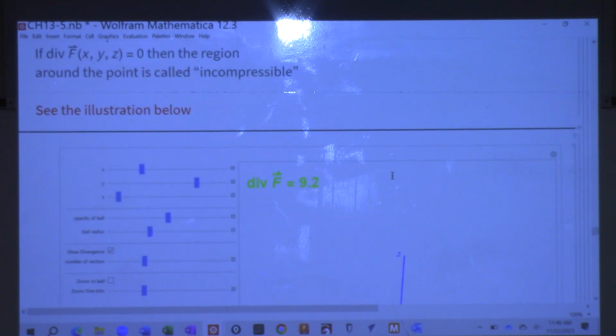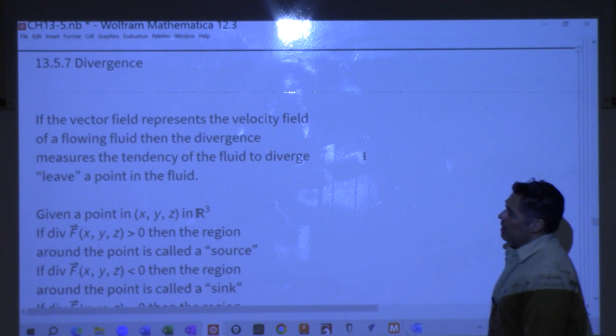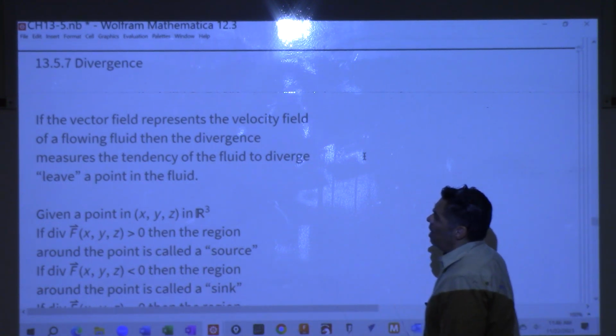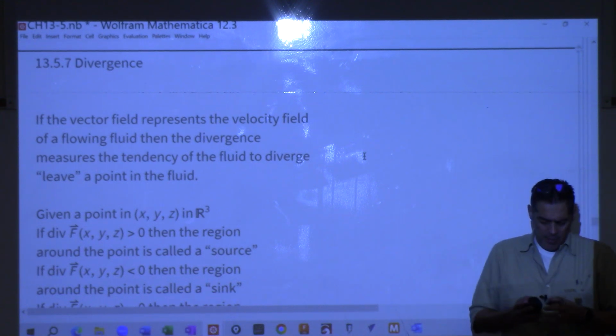Now, before this, so right here, this is the definition or the explanation. If the vector field represents the velocity of a flowing fluid, then the divergence measures the tendency of the fluid to diverge or leave a point in the fluid, right? So it's like you have this point.